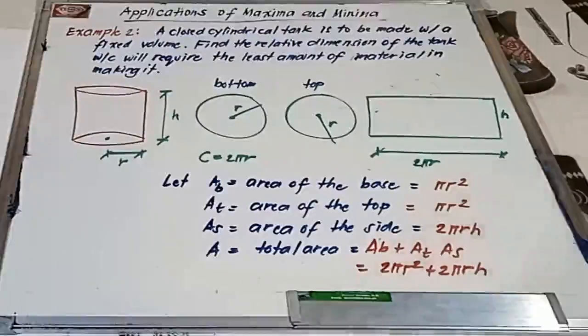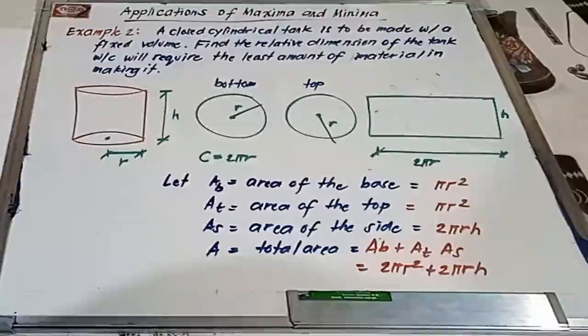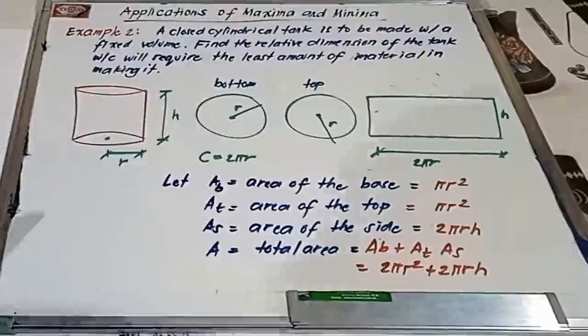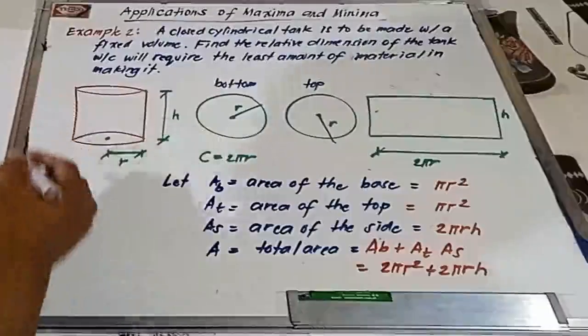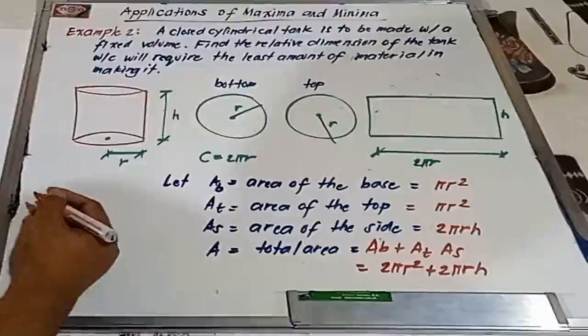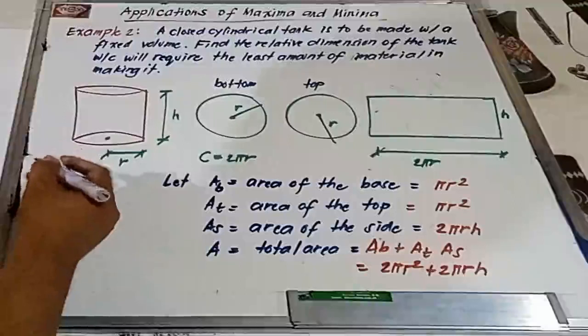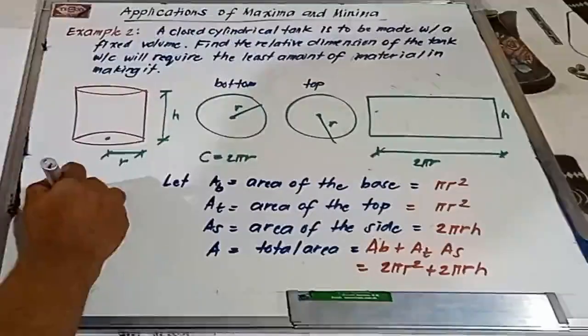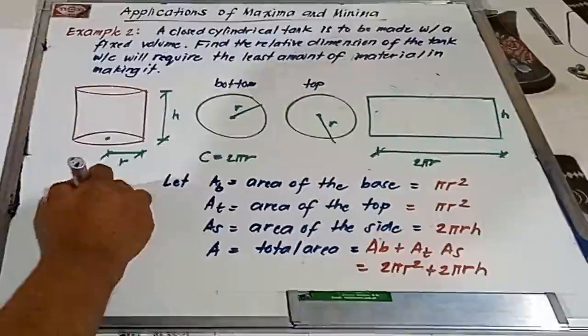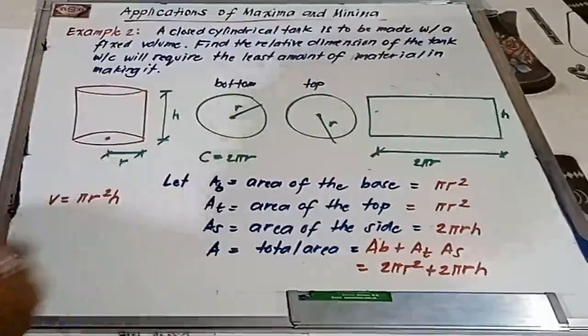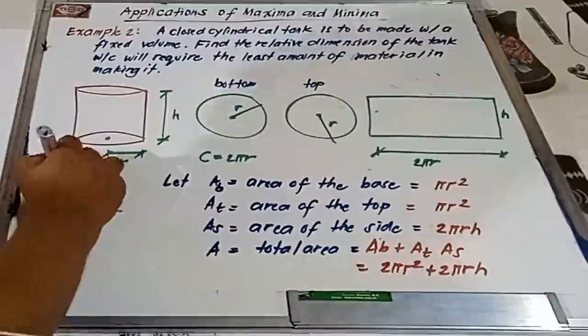Okay? And then, meron pa tayong isang formula, no? Na makukuha dun sa volume. Although yung ating volume is constant, ang formula ng volume ng cylindrical tank is V equals pi r squared h. Okay? Ito yung para sa volume.